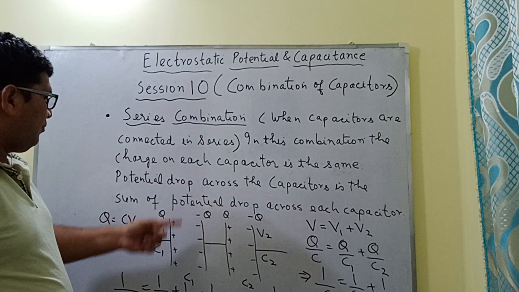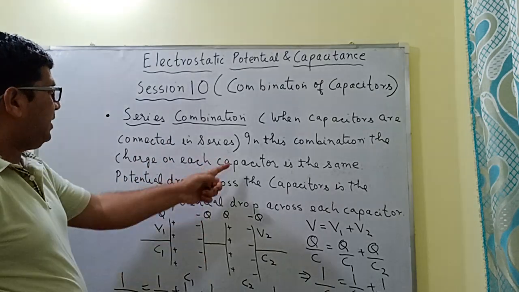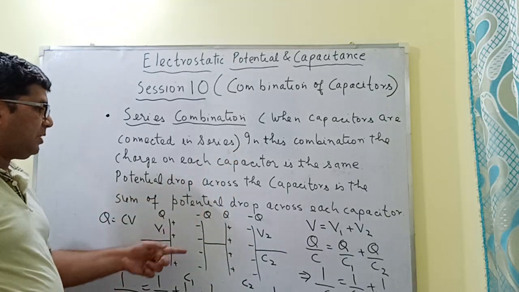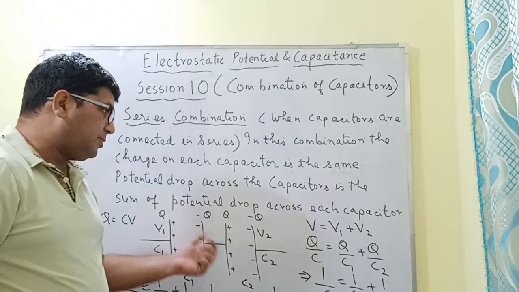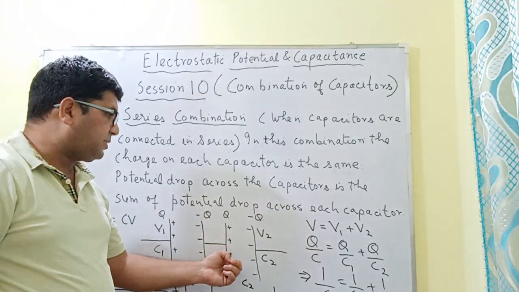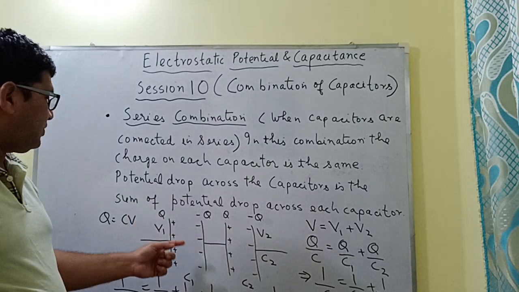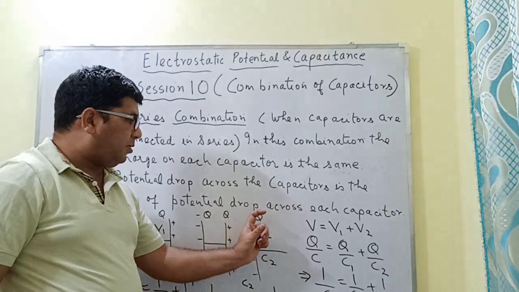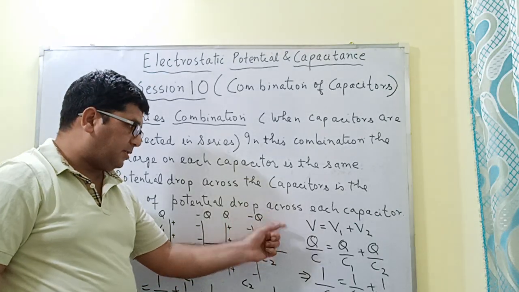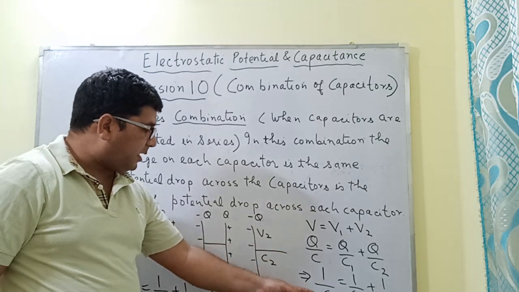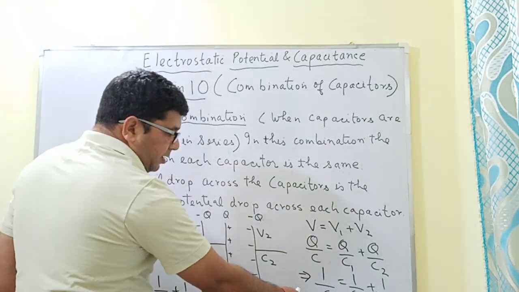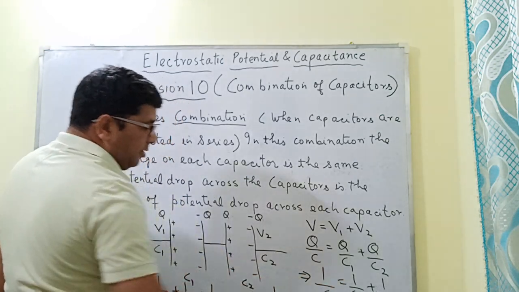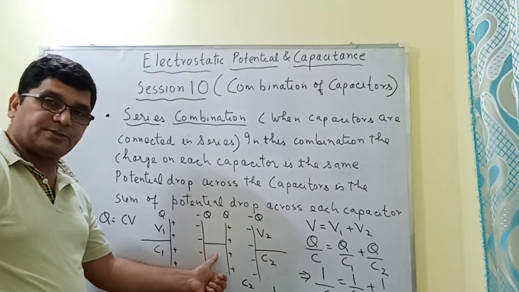So in the series combination the potential difference across the capacitors is equal to the sum of the potential difference across each capacitor, and second thing, the charge on each capacitor is the same, and on the basis of these two conditions we were able to find the formula for the equivalent capacitance. That is, the equivalent capacitance is given by 1 by C equal to 1 by C1 plus 1 by C2 in this case.